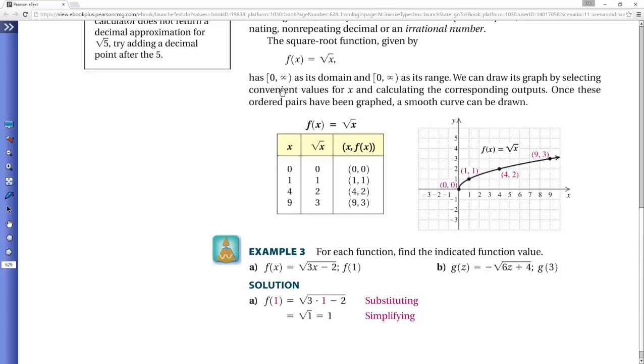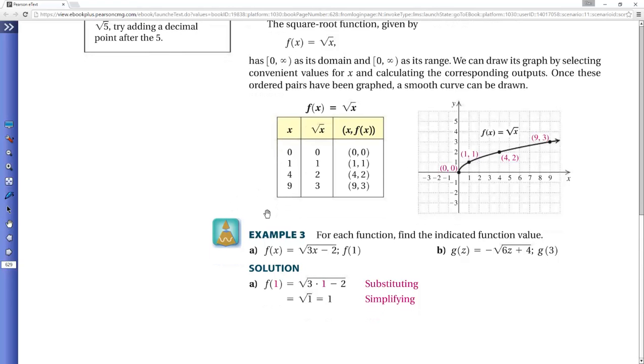So they say from 0 to infinity is the domain, and also the range is 0 to infinity. This keeps on going gradually up, so as we keep going, the y values go to infinity too. Okay. Good review of what domain and range are in this case.